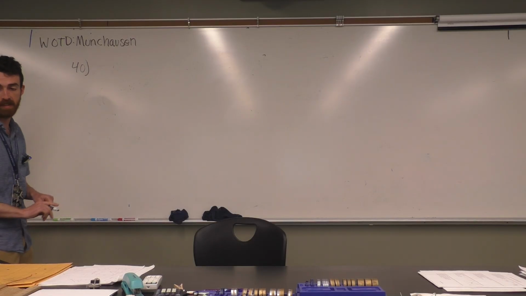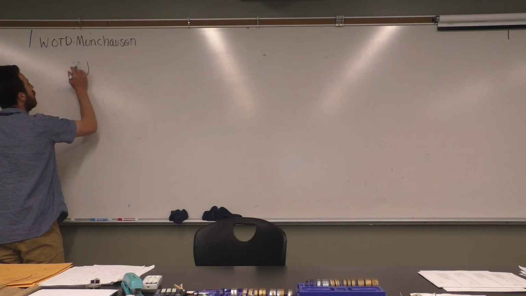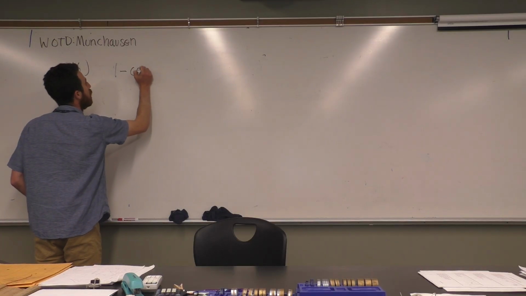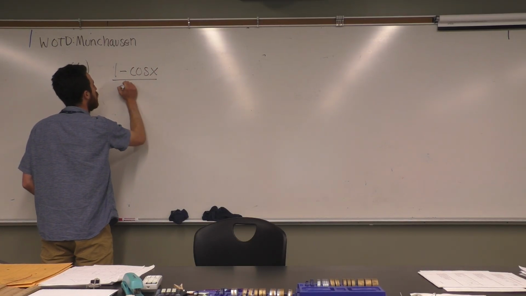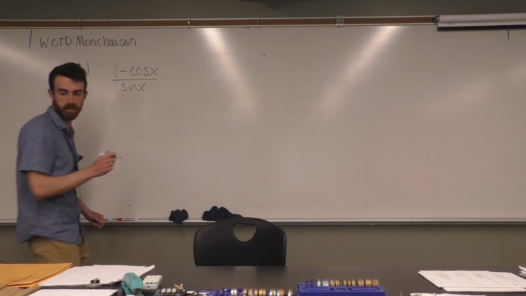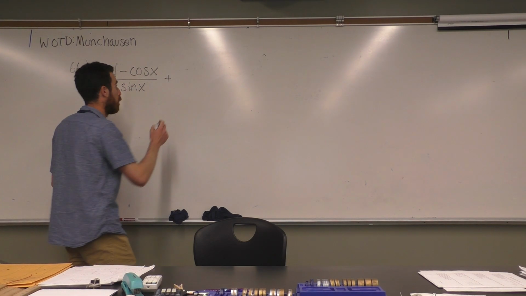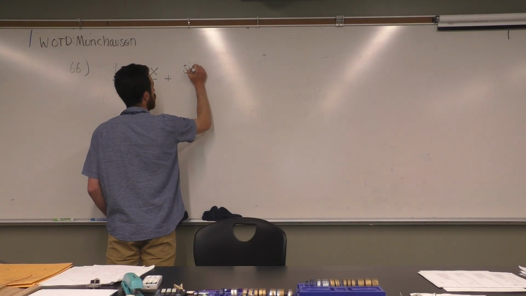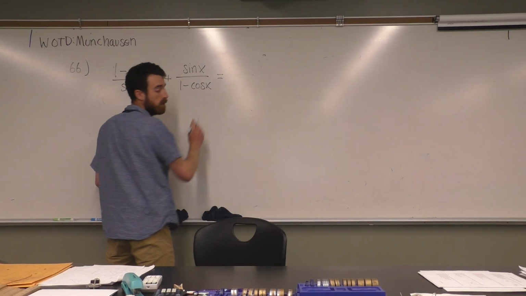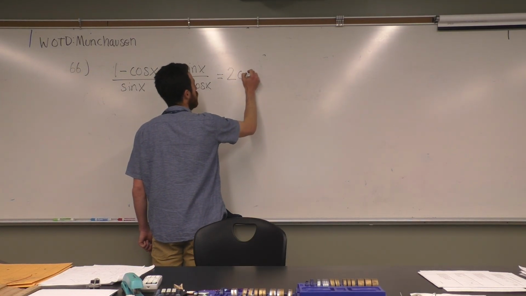So number 66, 1 minus cosine of x over sine of x, plus sine of x over 1 minus cosine of x, and that's equal to 2 cosecant of x.